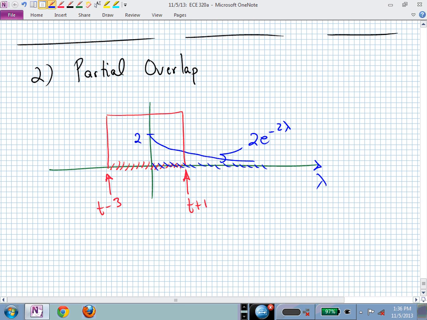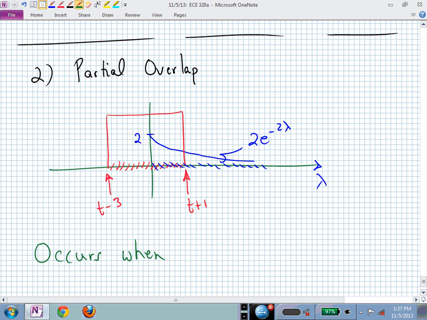And that cross-hatching is going to be critical in a minute. But now I want to first answer the question, when does this picture or pattern actually occur? For what time intervals? As long as t plus 1, that right side of x, stays to the right of 0, I'm going to be okay with this picture. But to keep this picture the same, I need t minus 3 to not get through 0. It needs to stay less than 0 for this partial overlap picture to be valid.